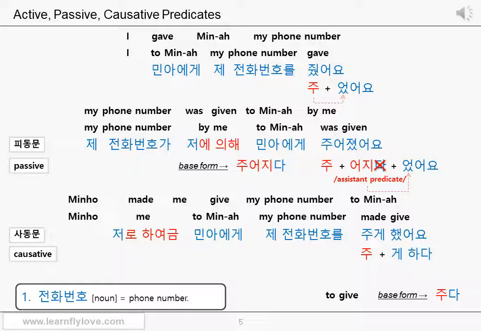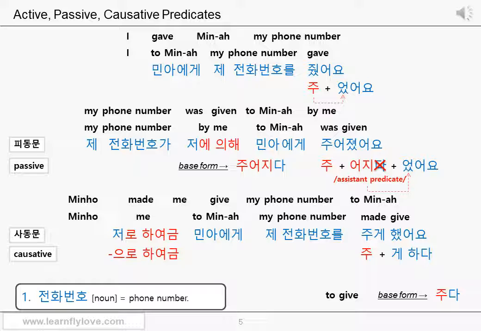Just remember 로 하여금. When there is a final consonant in the formal block, you use 으로 하여금. This 하여금 indicates the subject which is made to do something. Okay? The main subject 민호 is the one who makes someone do something.